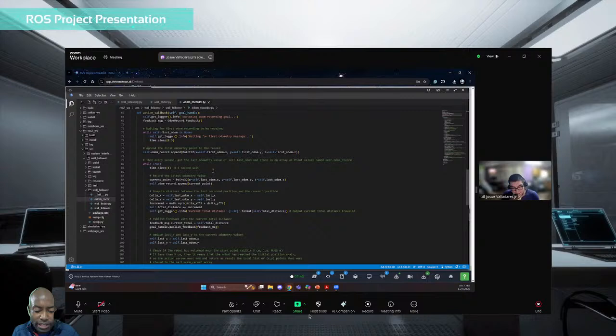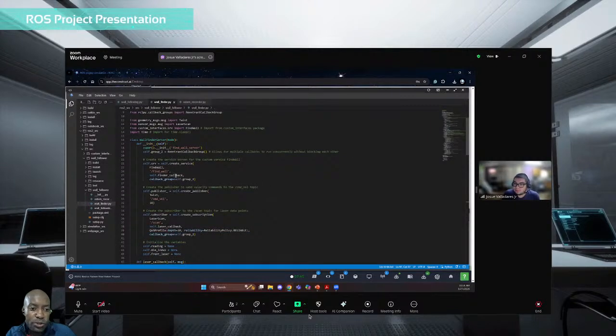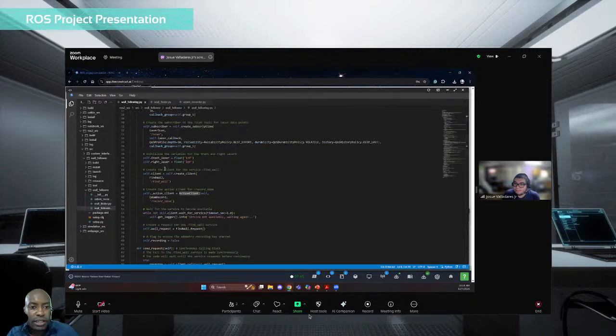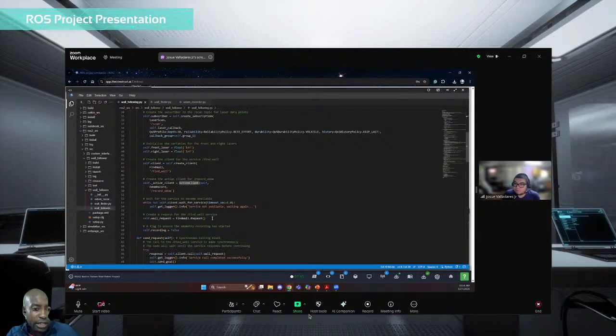Because the thing is, when you had to make use of an action to keep track of odometry, there's a reason why you had to choose that. Because for your wall finder, you made use of a service, right? And then your service client would say, find me a wall, and the server would go along and find the wall.